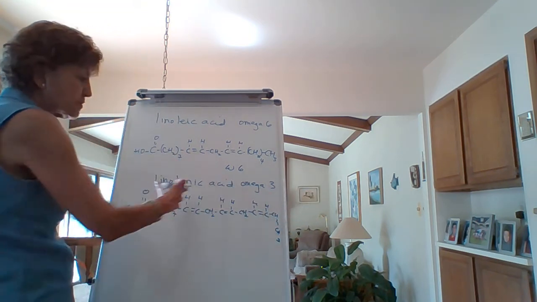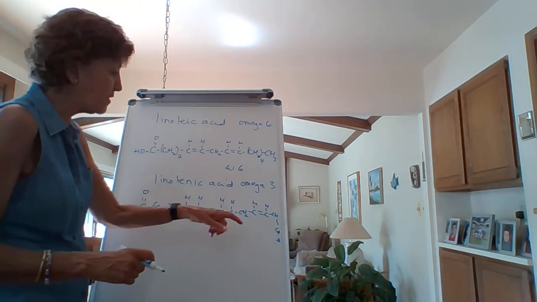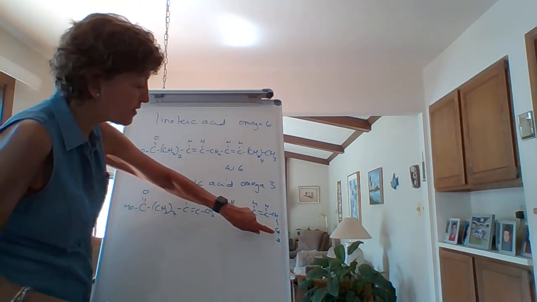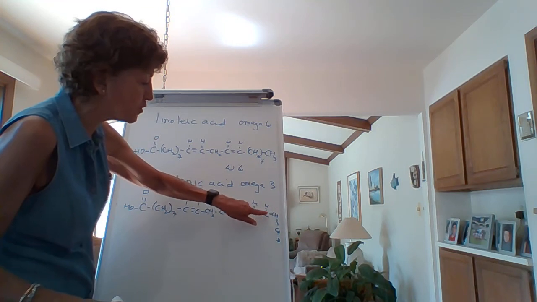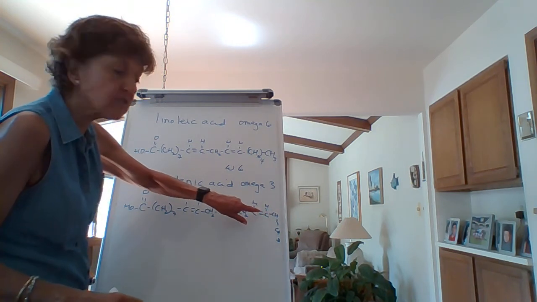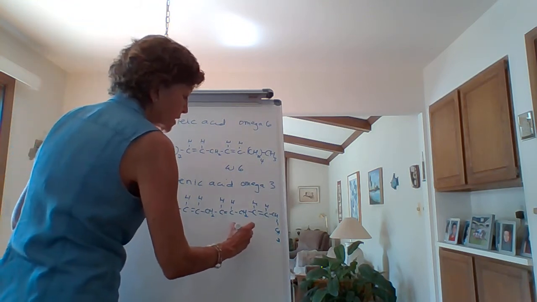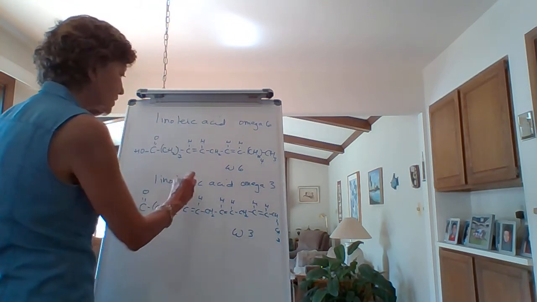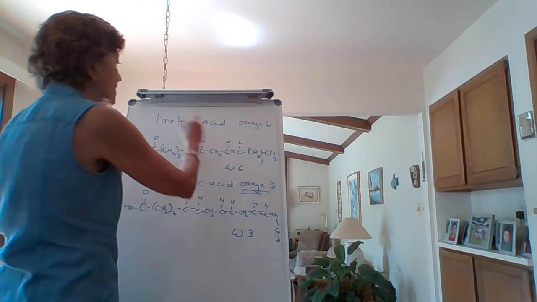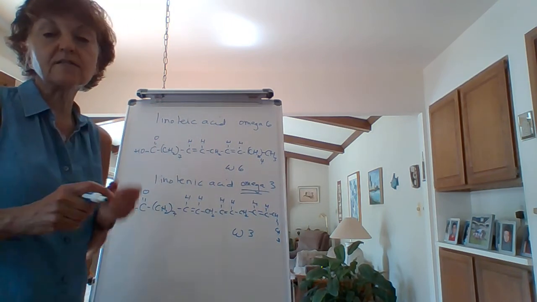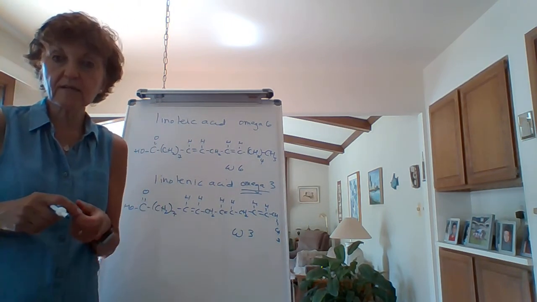Sorry, I should have squished it over a little bit, but you get the idea. If you are counting from the end, this is carbon 1, 2, 3, because the first double bond is 3 carbons from the end, this is an omega-3. So linolenic acid is an omega-3. Linoleic acid is an example of an omega-6.